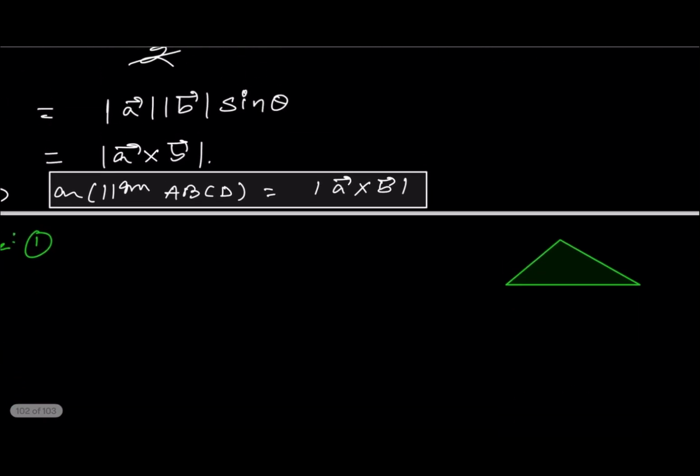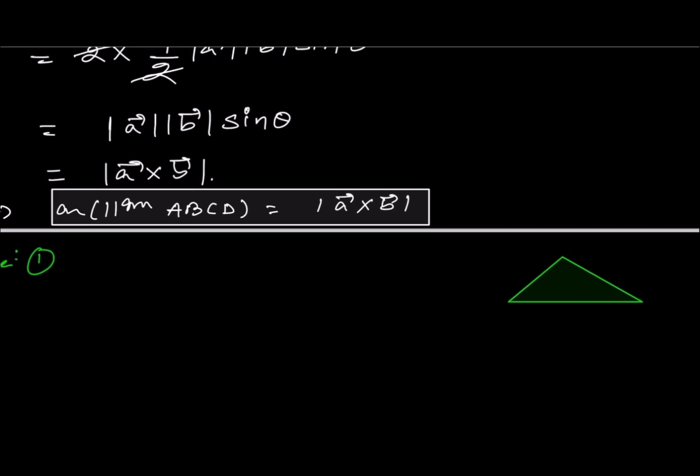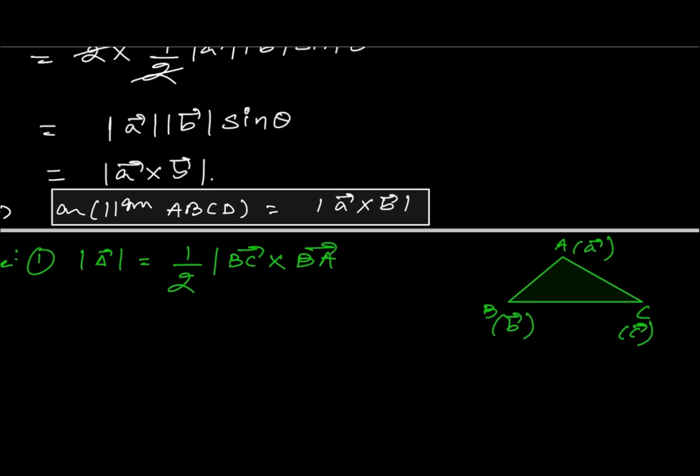So if I have a triangle ABC having position vectors A vector, B vector and C vector, the area will be mod of delta vector, which is half BC vector cross BA vector, right? BC vector cross BA vector.